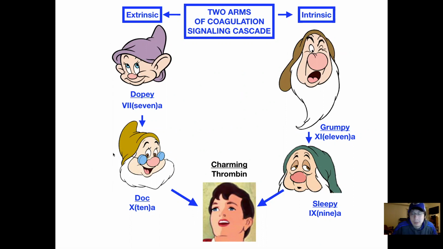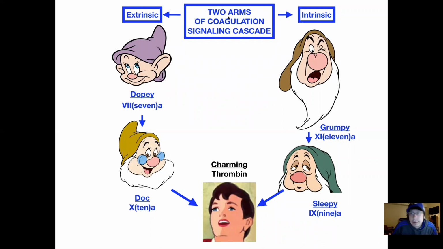Doc is just really smart. He doesn't excel in being organized in his thoughts or being clear in general, but he's good. The thing that he does really well is that he activates Prince Charming, or thrombin. Once you activate thrombin, the story really starts to get interesting. So this is the extrinsic pathway, Dopey and Doc, or proteases 7 and 10.